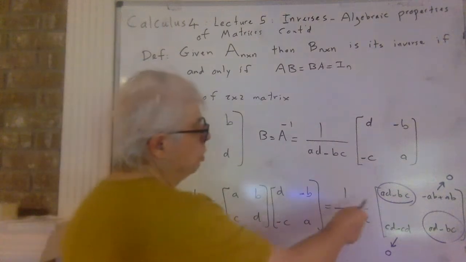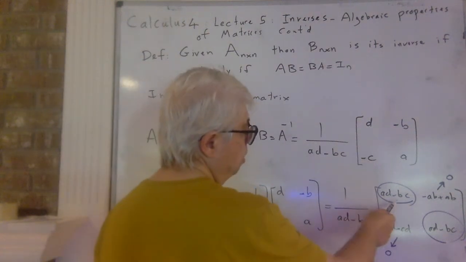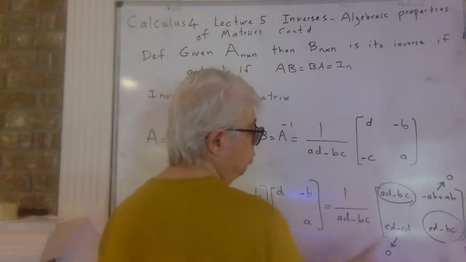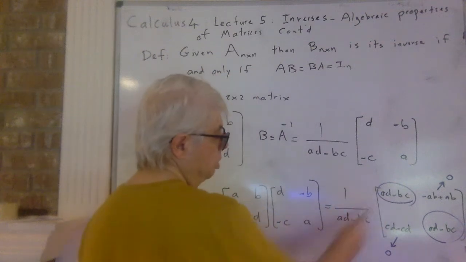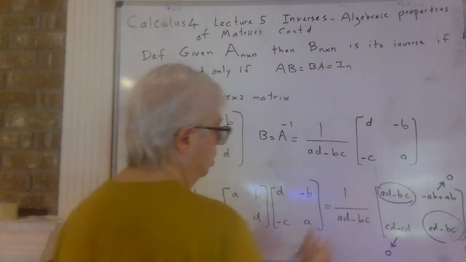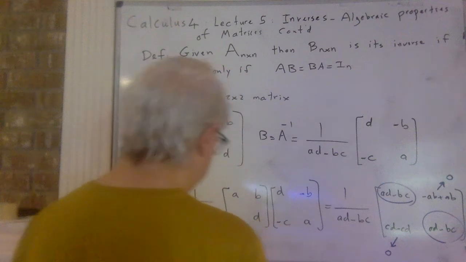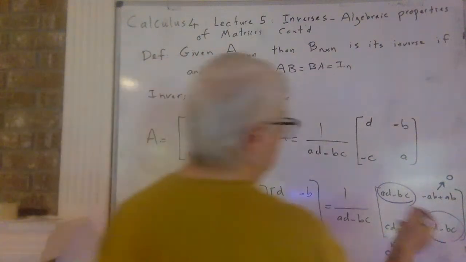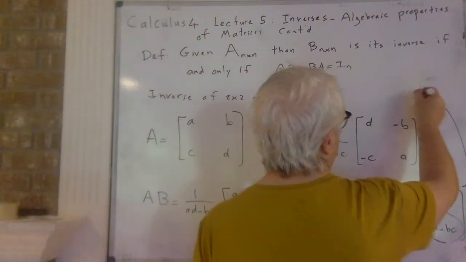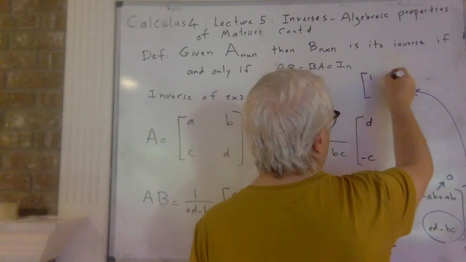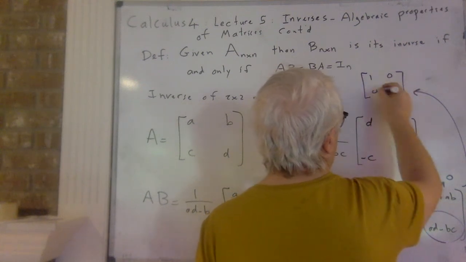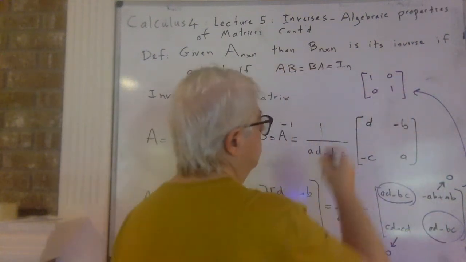So this multiplied by every entry will give me 1, and 1. Just look, this is the same as this. So the end result is, when I complete this, I will get 1, 0, 0, 1, which is I2.